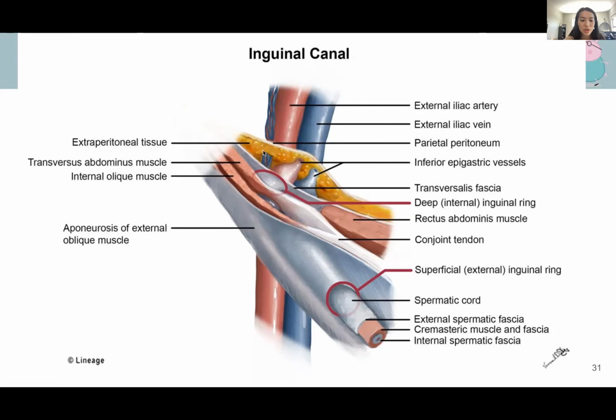So if you were ever to try to reduce an inguinal hernia, you have to move laterally to push it out this way. And this is also why, okay, it closes up really well normally, right? But there's a defect that causes it to stay open during adulthood, and that's why part of the bowel can come out through the inguinal canal.